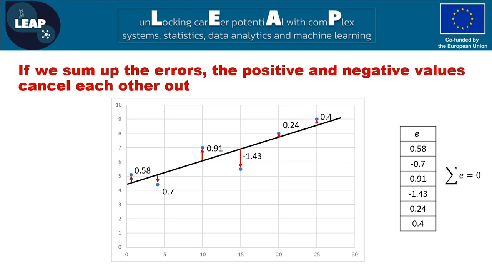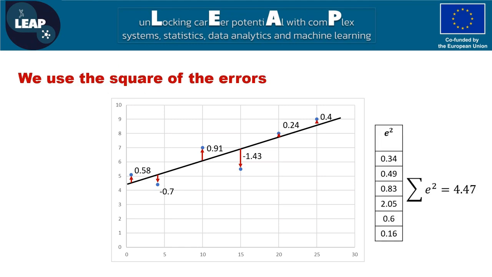But we can't just make a sum of them because they will even out to zero. The reason for this is that the points above the line are positive and the points below the line are negative. So what we do instead is take the square of all distances, because by this we avoid the negative values. We will only get positive values.